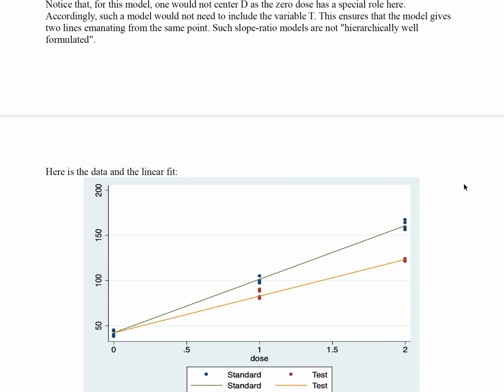Nevertheless, there is a further thing I want to spend just a little more time with you on, and that is the assessment of whether or not it is okay to assume that these two hypothetical or population lines emanate from the same point at the 0 dose.